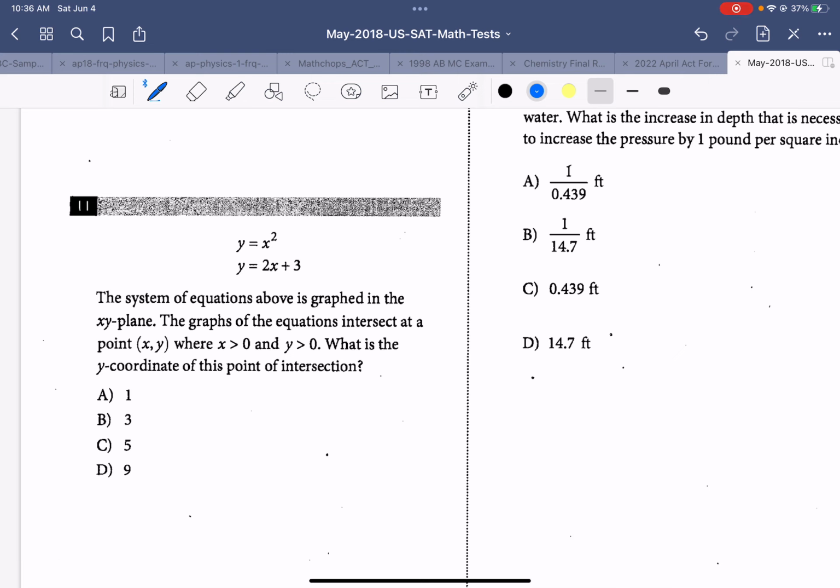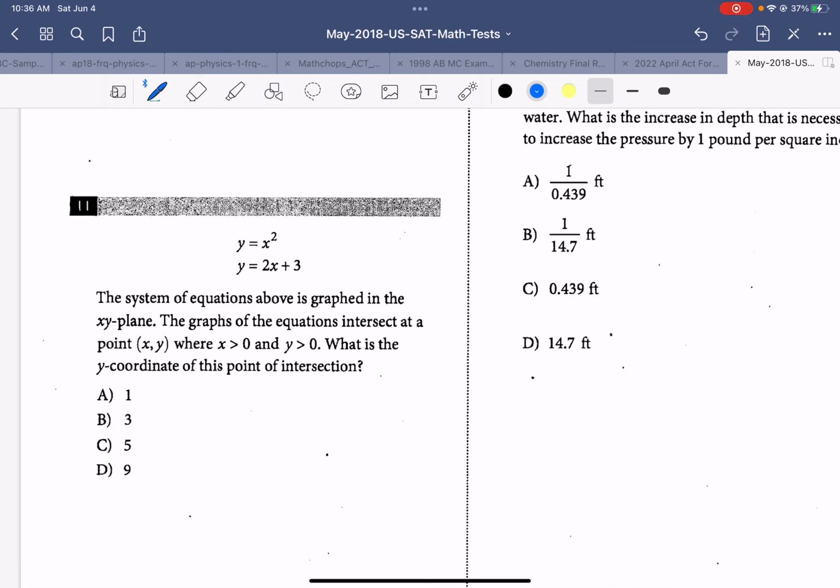So you make one side 0. x squared minus 2x minus 3 equals 0. So this one is factorable. So (x minus 3)(x plus 1) equals 0. So that gives me x equals 3 or x equals negative 1.